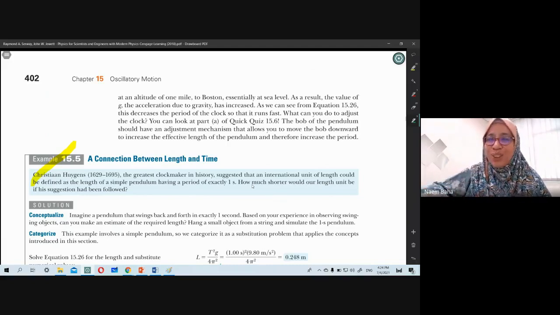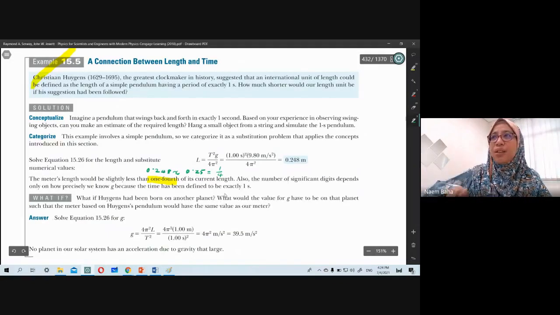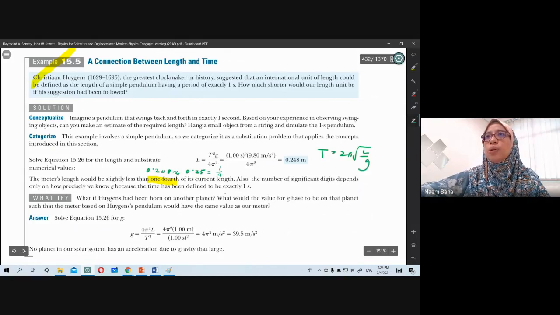From the expression of talak just now, the book tends to rearrange, but no need. You can just start from the very raw form, L over g. You will find g is 9.8, T is 1 second, arriving at L equals 0.248 meter.